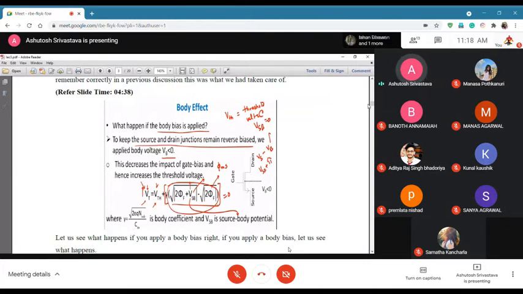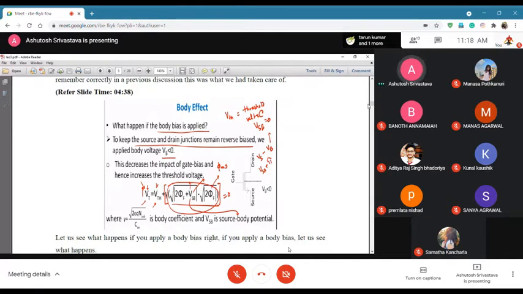Whether or not you are having any scaling, any MOSFET transistor, as I told you, is a four-terminal device. The fourth one is neglected in most cases. Otherwise, if you want to manipulate the threshold voltage after the fabrication, we already know what parameters it depends upon while determining the threshold voltage.